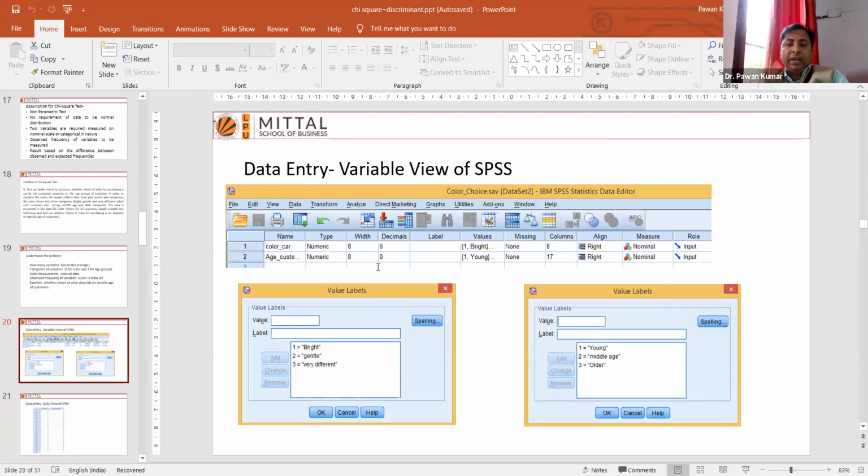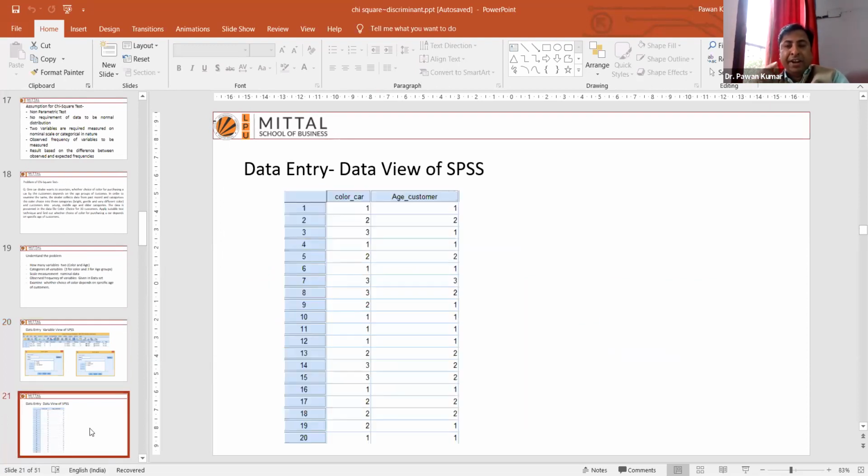Now look at the slides. I'm showing you these slides so that in the online mode it is easy for you when you practice. This is the variable view, and here I'm going to select the value labels, and my data entry would be done this way in SPSS.